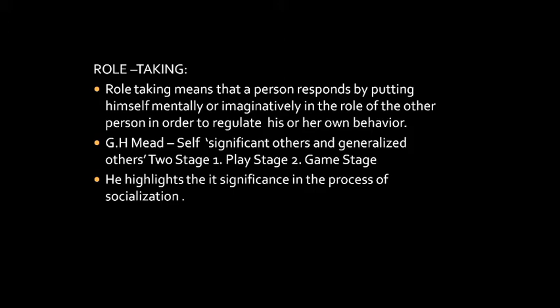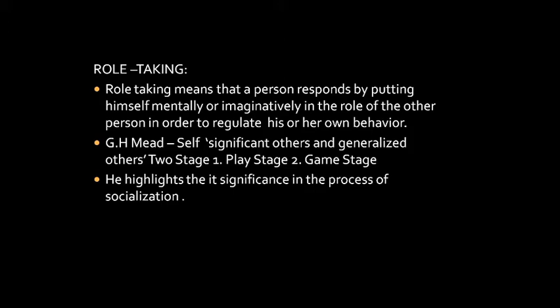Okay, and another is the game stage, where he talks about the generalized others. Now what does that mean? Now see, again, in the same stage, the child not only differentiates itself from the others, but also begins to act together, himself from the viewpoint of the whole group. For instance, let's take an example of the game stage: football.